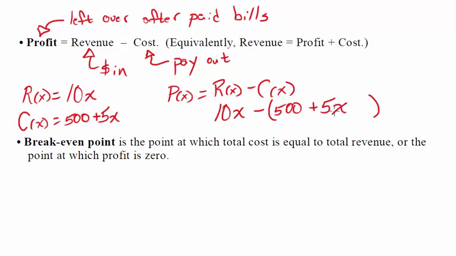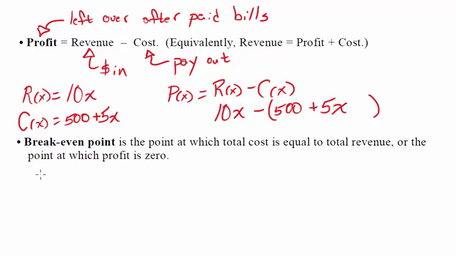Now the break-even point is the point in which I have brought enough money in to cover my bills. You can think of this two ways. The first way is to think, if I have sold nothing, we're always going to start in the red, because I have to pay my bills, yet I haven't brought in any money.